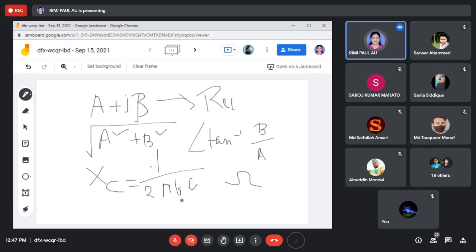What is F? F is frequency. For our Indian system, frequency is 50 Hz. Whether it is given or not, in the Indian system always take F equal to 50. In USA or other countries, it may be 60 Hz, in which case you have to take 60 Hz.